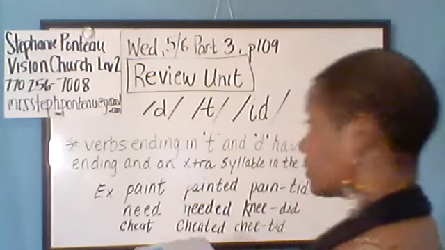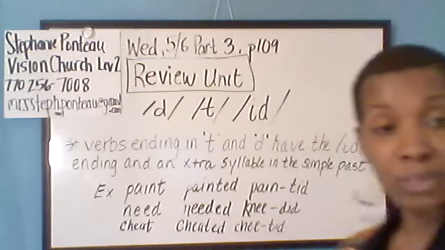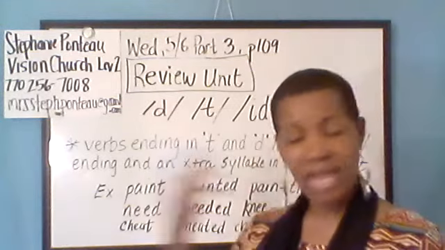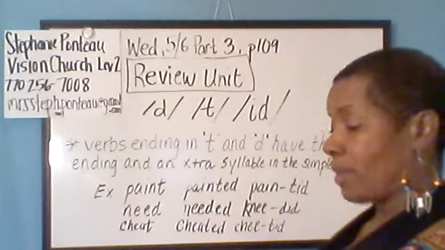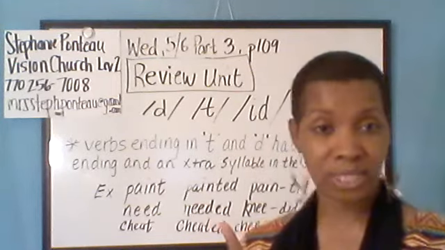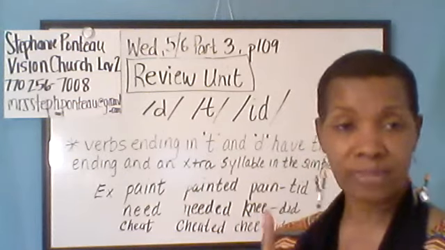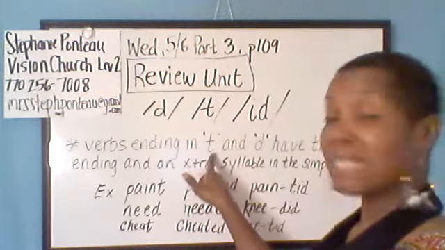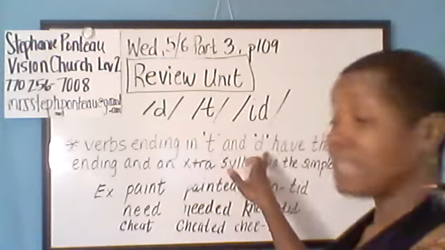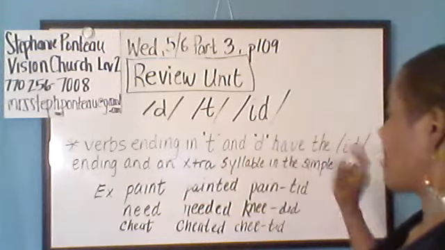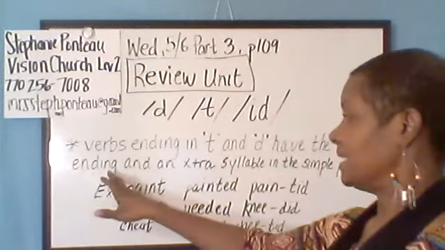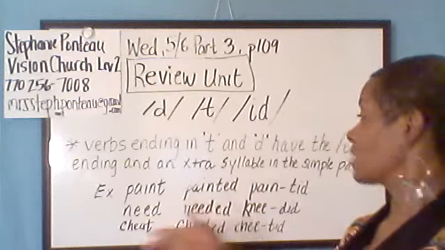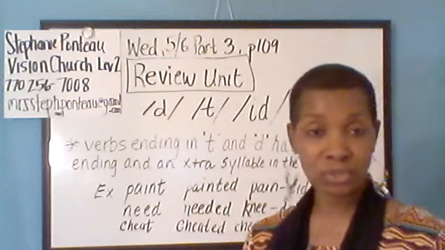Let's go over some words that'll help us to be able to hear and see how that works. But the most important rule that I'm going to give you here today, and write this down in your notebook, is that verbs ending in T and D both have the id ending sound and an extra syllable when it's used in the simple past.